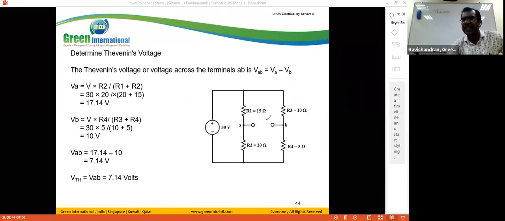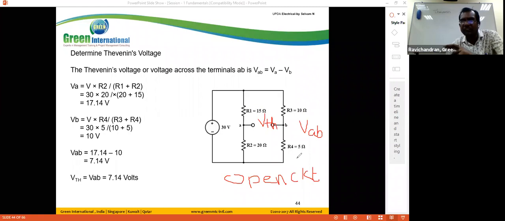Then we need to find the voltage across the terminals, that is called VTH, or we call it VAB, or the open circuit voltage. If you refer to some other books, they use this terminology: VTH, VAB, or open circuit voltage, VOC.